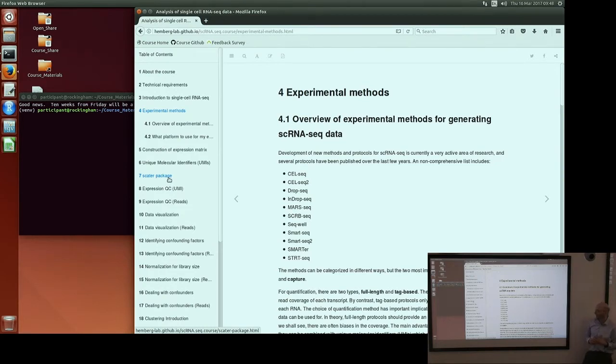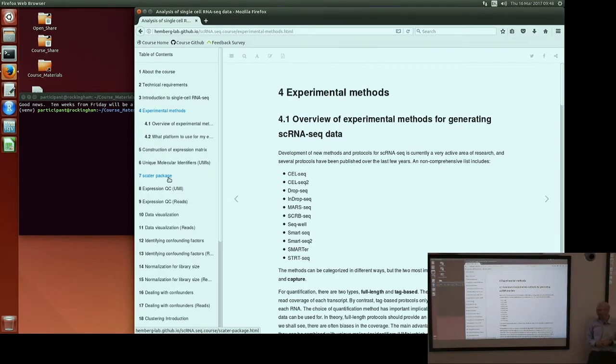They can be characterized in a few different ways. We've chosen to focus on 2 different aspects here, quantification and capture. For quantification, we divide them into 2 types, either full-length or tag-based. So it's pretty much what it says on the tin.